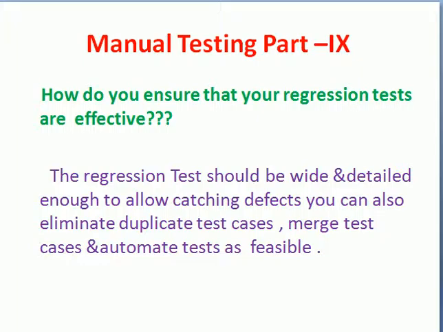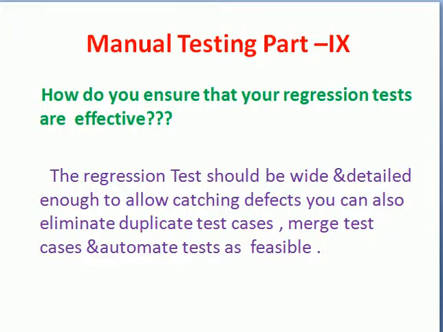And also the regression test should be detailed enough to allow catching the defects. If it is just a very high level or superficial kind of test, it is possible that regression issues are not caught with those tests. So the regression test should be wide enough and detailed enough to allow catching the defects.